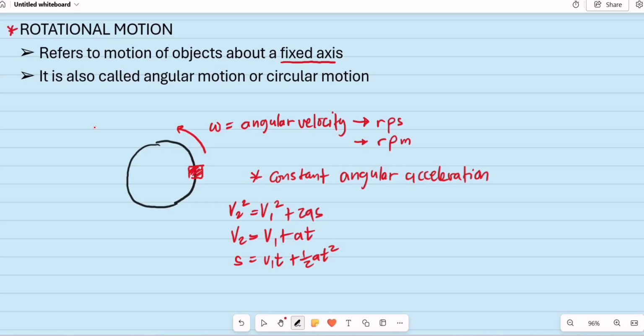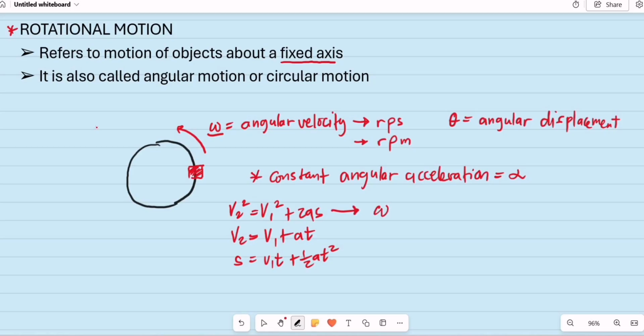Again, when it comes to angular velocity, we have the omega. When it comes to angular acceleration, this is the alpha. And when it comes to angular displacement, this is the theta. So all you have to do is replace the final velocity.